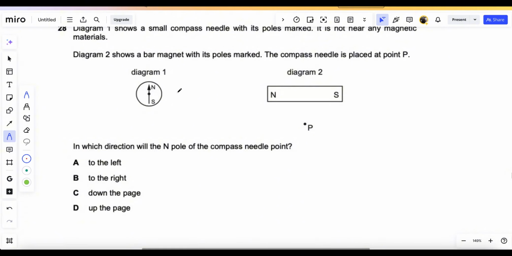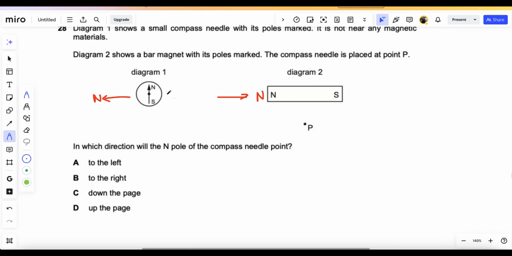Which direction will it point? To the right, right? Because left is already north. North and north cannot point towards each other. You know why? Because the magnet's north is already on the right, so north cannot be towards north.